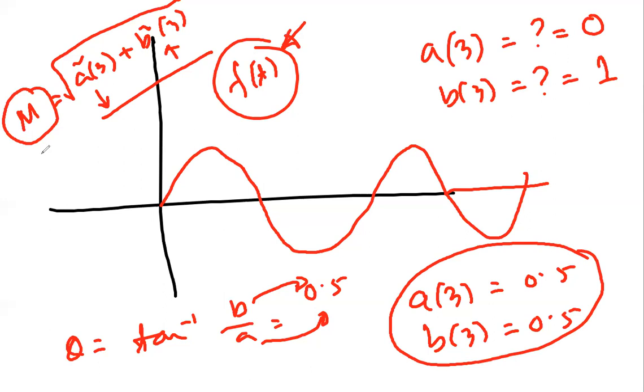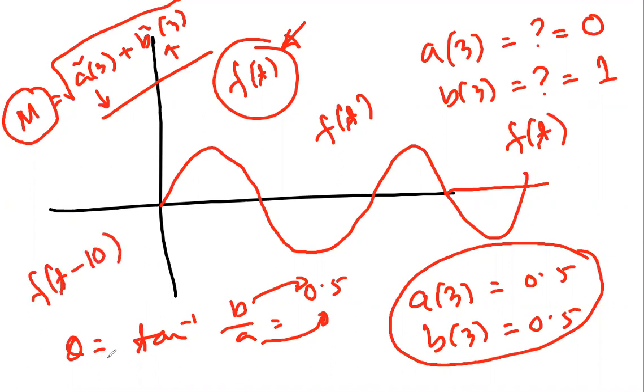Of course, whenever you have your FT, whether FT is shifted for some samples in the time domain, if I shift it like FT minus 10 for 10 seconds, or this is FT plus 10, whatever the case, the shifting operation only affects the phase of that signal, not the magnitude of that signal.